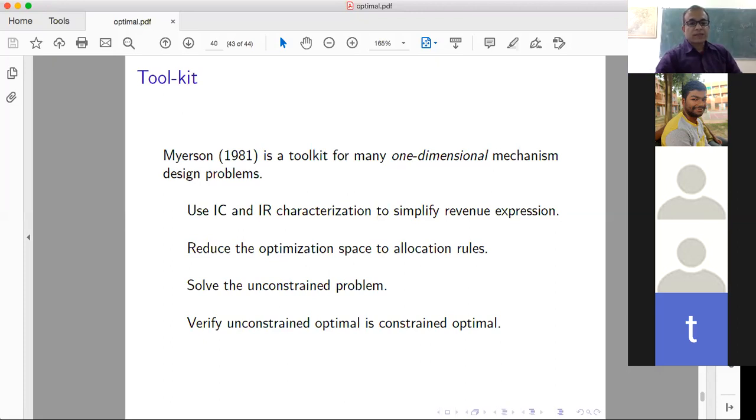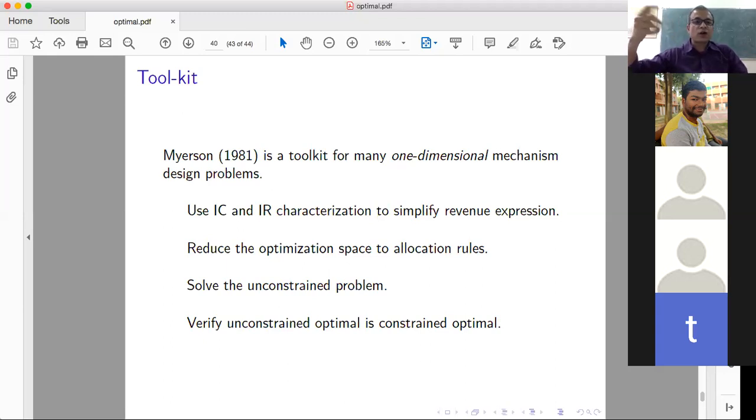Of course, the ex ante revenue optimal mechanism basically trades off the gains at some places and losses at some places and chooses the one which maximizes the expectation. Notice that the ex ante revenue optimal mechanism is a deterministic mechanism. A deterministic mechanism cannot be written as a convex combination of some other mechanisms, right?